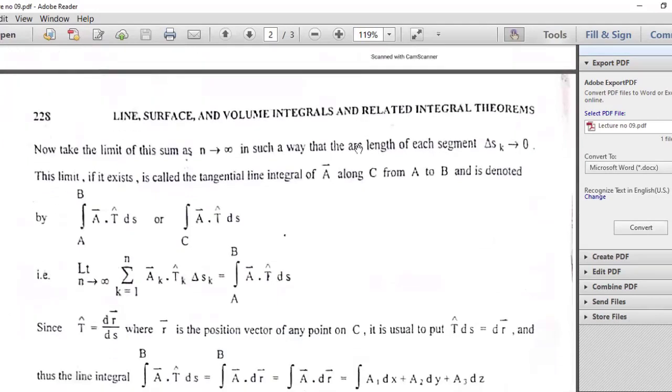Now take the limit of the sum as n goes to infinity in such a way that the arc length of each segment delta sk goes to 0.